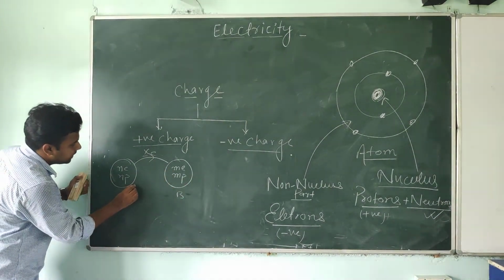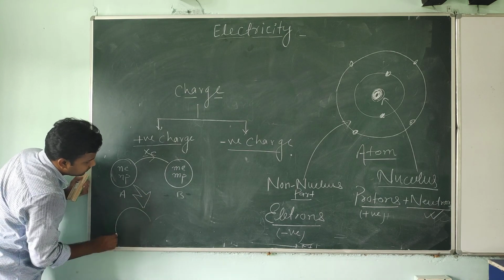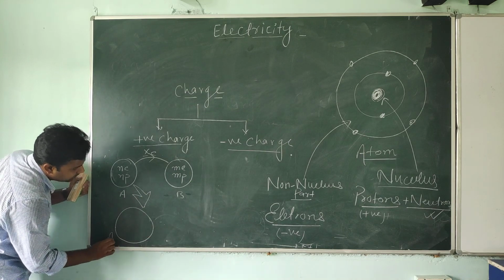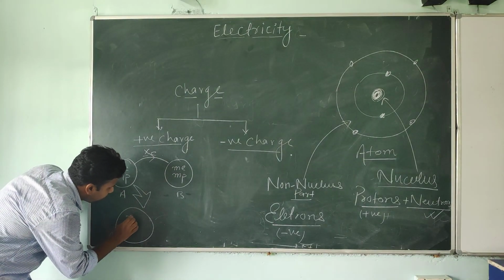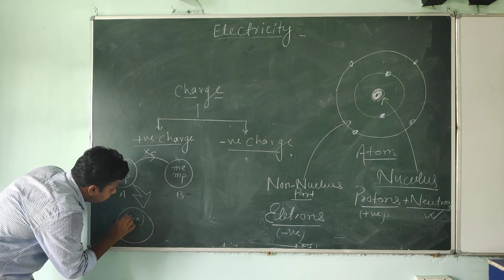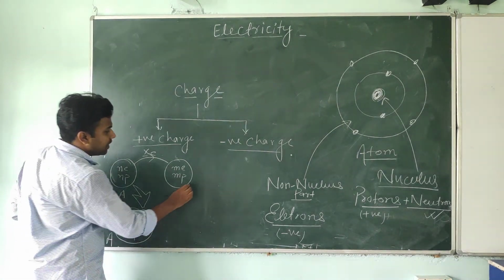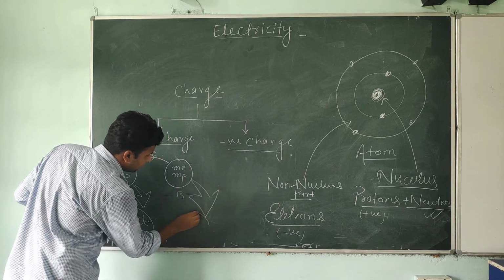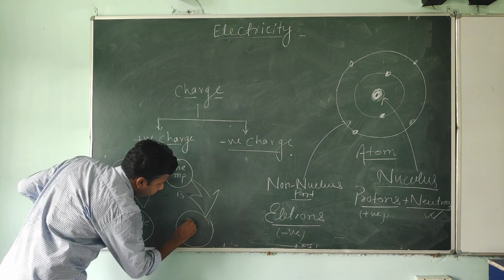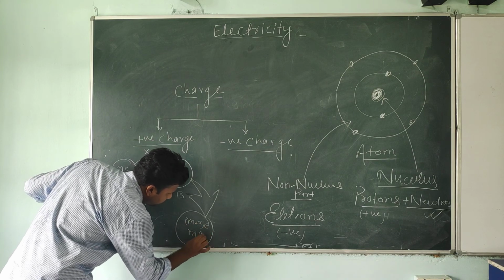Now what will happen? Look at this, this one is A. After this shuffle, the number of electrons left is n minus x electrons and n protons. Similarly here, look, m plus x electrons and m protons.